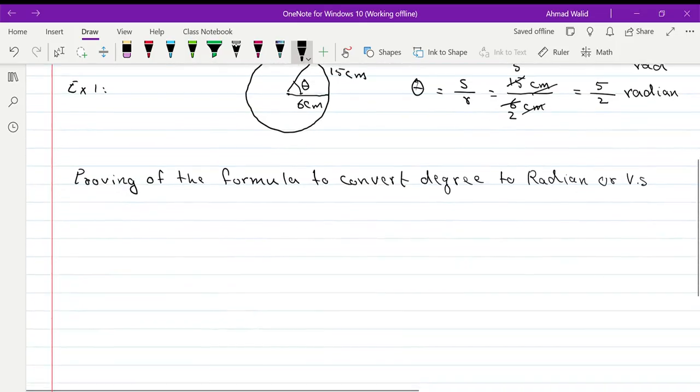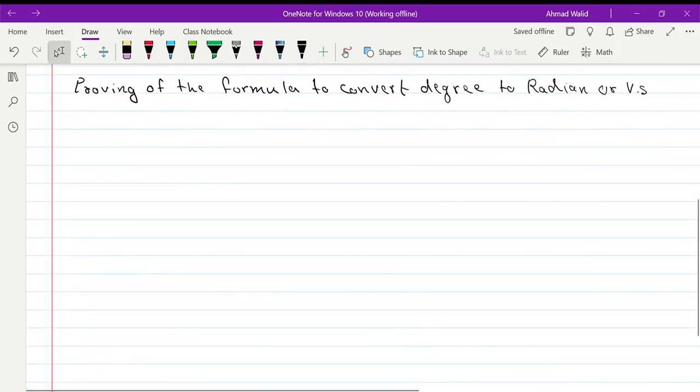Correct? It's not a difficult proof. It's really an easy proof. Correct? Again, I'll draw a circle here for you.